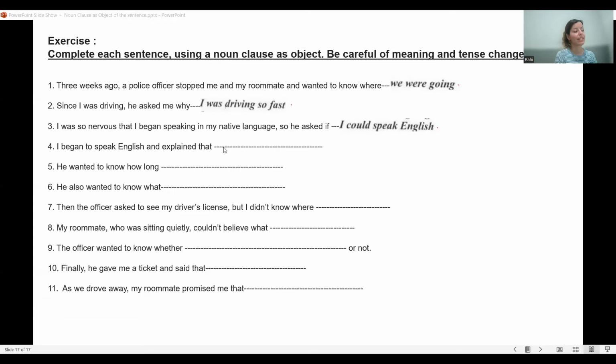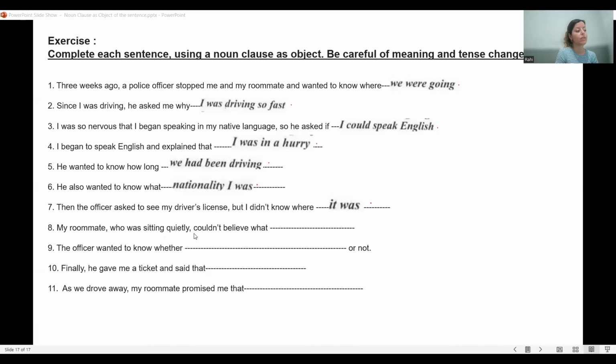I began to speak English and explained that I was in a hurry, full stop. He wanted to know how long we had been driving, full stop. He also wanted to know what nationality I was, full stop. Then the officer asked to see my driver's license, but I didn't know where it was, full stop.